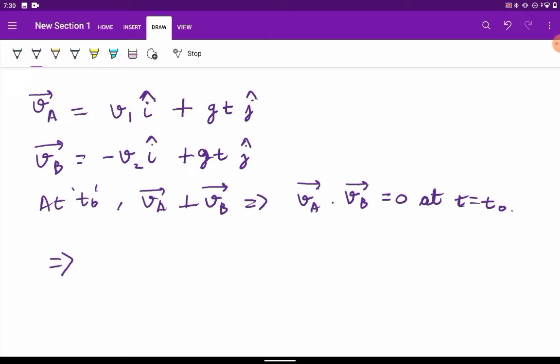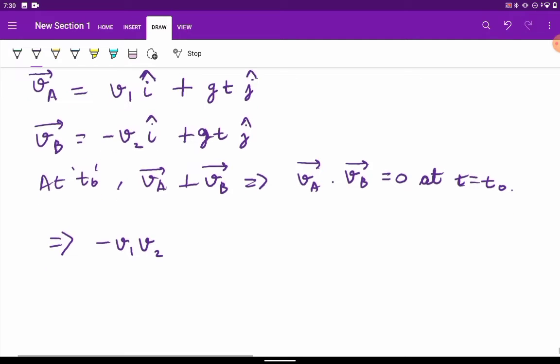It's essentially the sum of the products of the individual components. So we'll multiply the x components to get minus v1 v2, and we'll multiply the y components and add, so minus v1 v2 plus (gt) whole square equals 0, right?